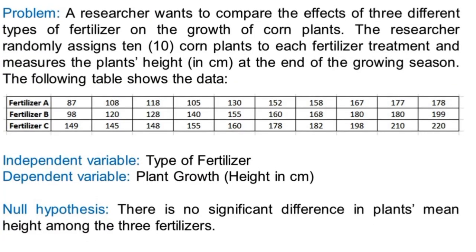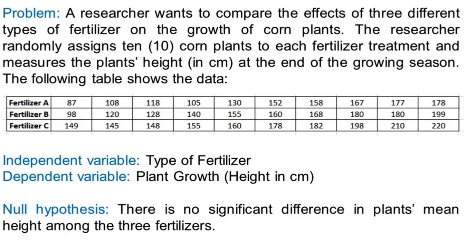Here is an example. A researcher wants to compare the effects of three different types of fertilizer on the growth of corn plants. The researcher randomly assigns 10 corn plants to each fertilizer treatment and measures the plants' height in centimeters. At the end of the growing season, the following table shows the data. The independent variable is the type of fertilizer and the dependent variable is plant growth in height, in centimeters.